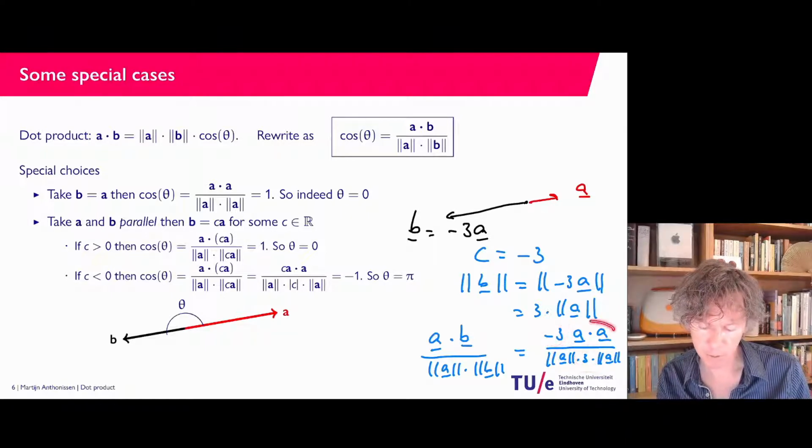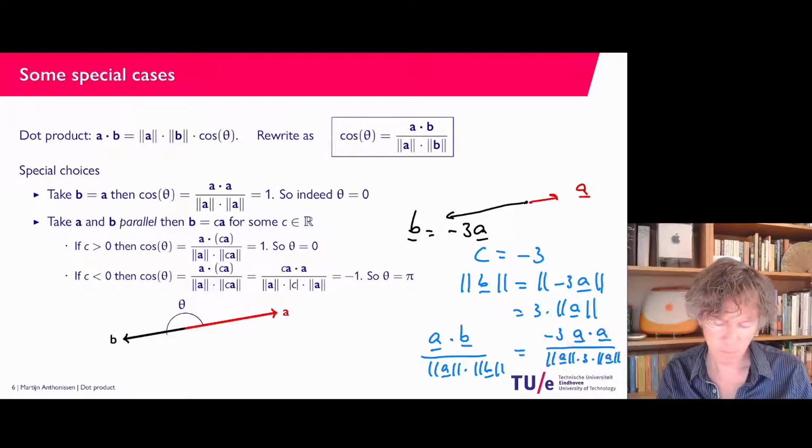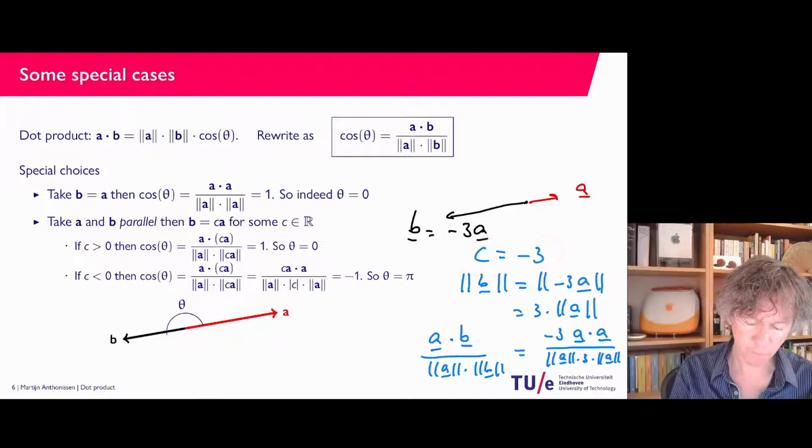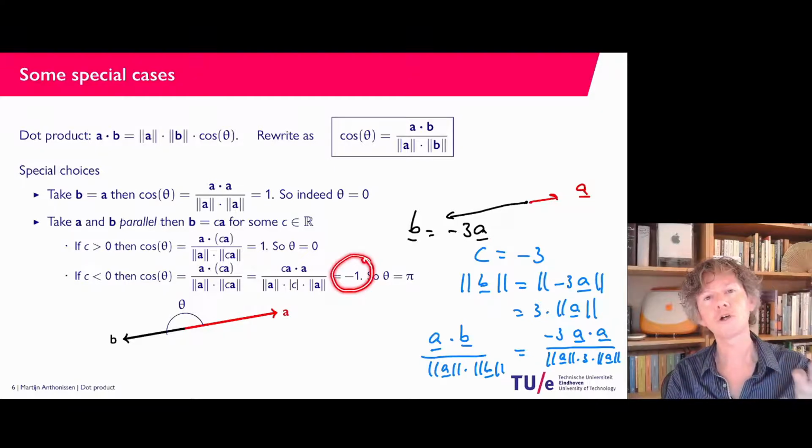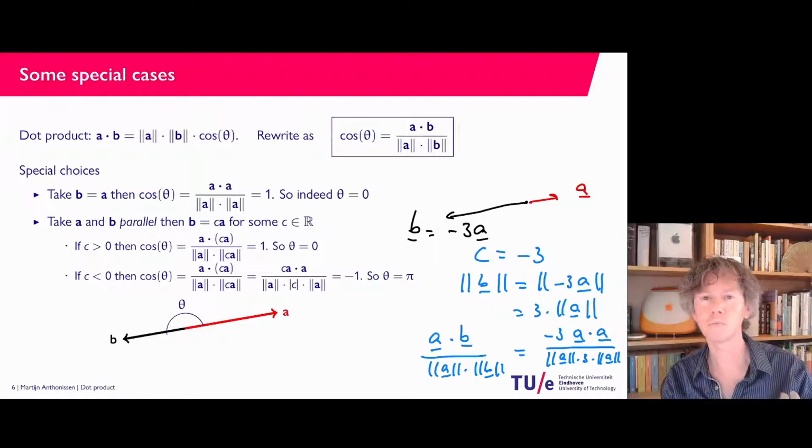And the dot product of A with itself is precisely length of A times length of A, so they cancel against each other. So here, I picked C equal to minus 3. And in general, if C is negative, you always find minus 1. So cosine of theta equals minus 1, theta equals pi.